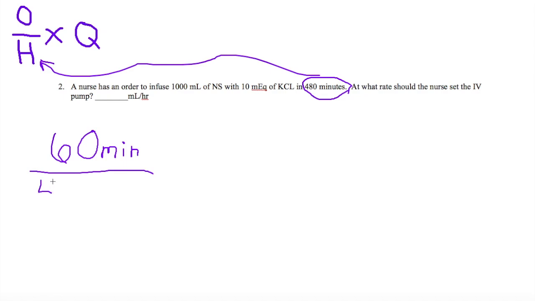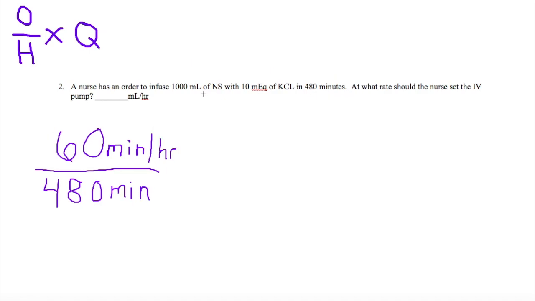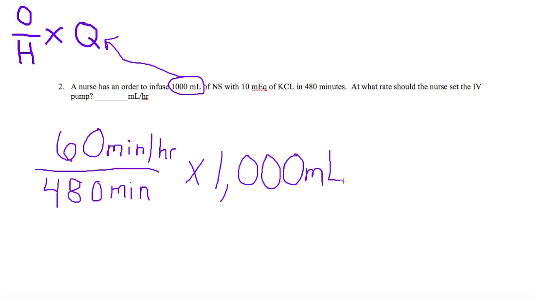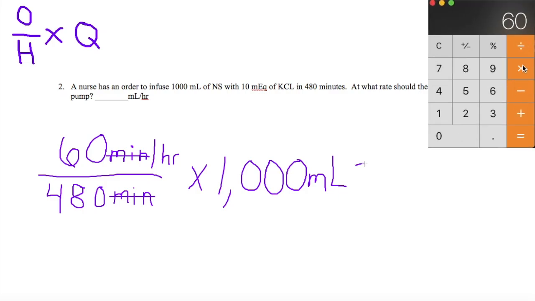We have 480 minutes. So we're going to put 60 minutes over 480 minutes. And then we're going to multiply that by our volume or our quantity, which is 1,000 mils.